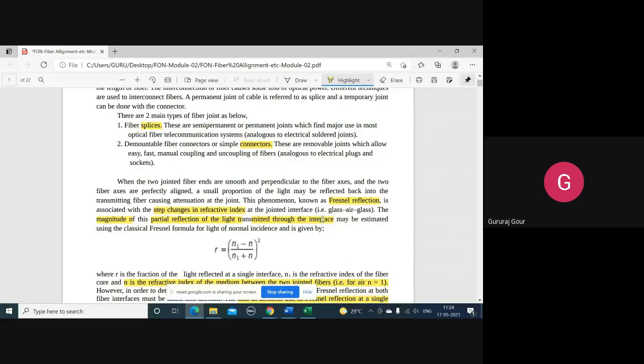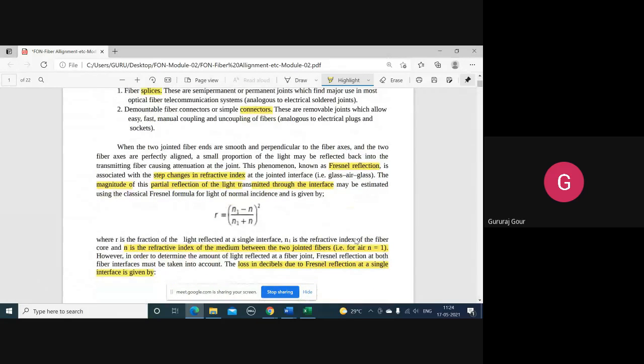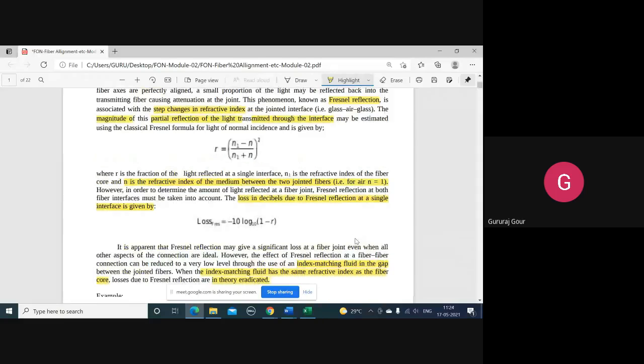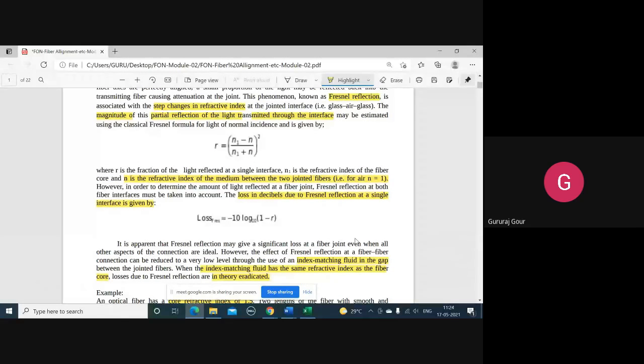These joints are actually suffering from the phenomenon that we discussed as Fresnel reflection. We discussed it in some detail and came through some quantitative discussion on how we can minimize this Fresnel reflection by using an index matching fluid in the gap of that joint.